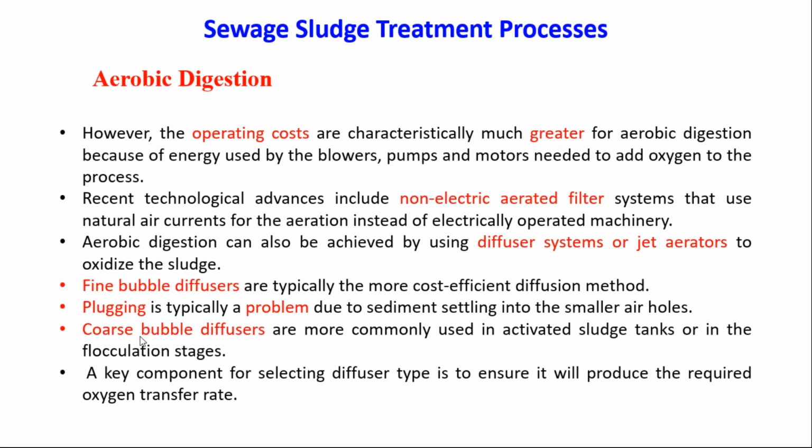We can also use coarse bubble diffusers. Fine bubble diffusers and coarse bubble diffusers are commonly used, cost-efficient diffusion methods in activated sludge tanks or in the flocculation stages. So these are the different technologies or diffusers which can be used in the aerobic digestion process.